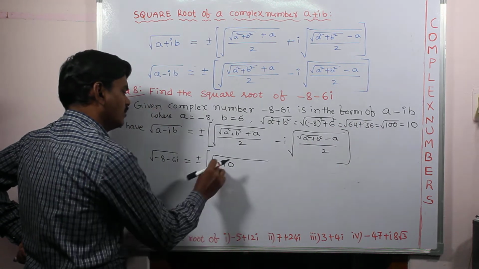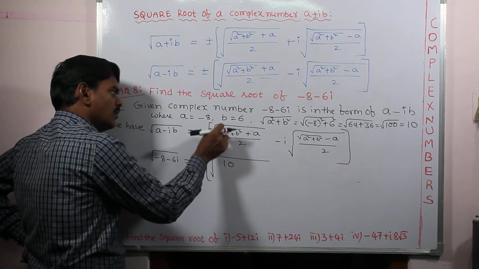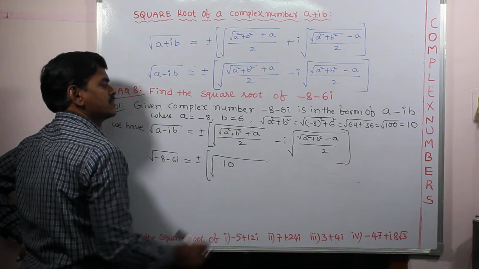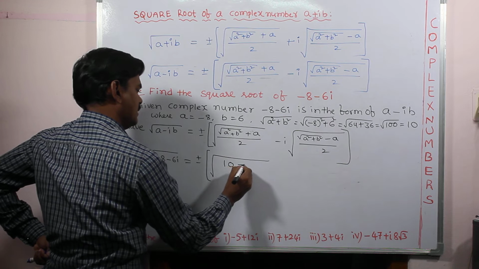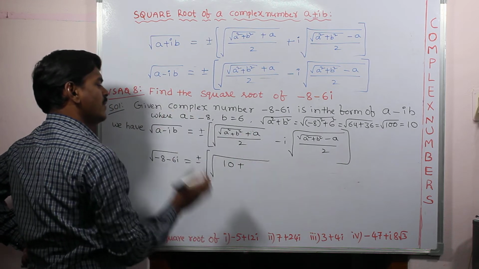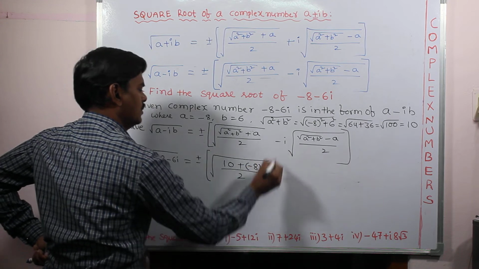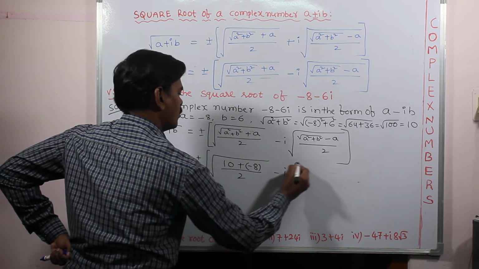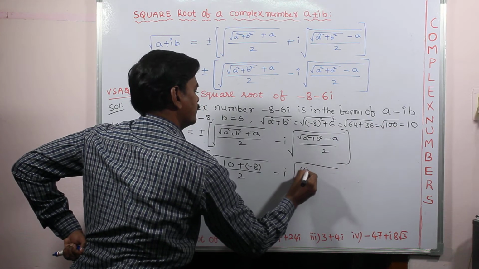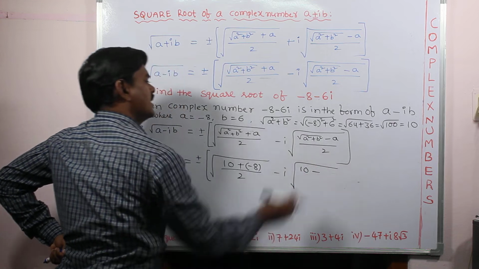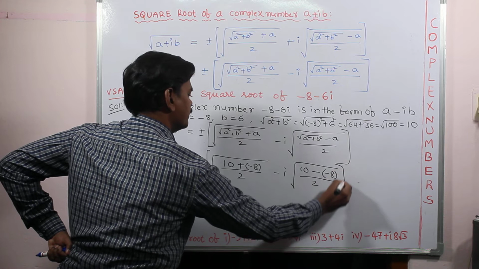Substitute it and don't use the square root again. So 10 plus a value minus 8, keep the bracket, whole divided by 2, minus iota root over, once again root over a square plus b square 10, minus a, minus of minus 8, whole divided by 2.